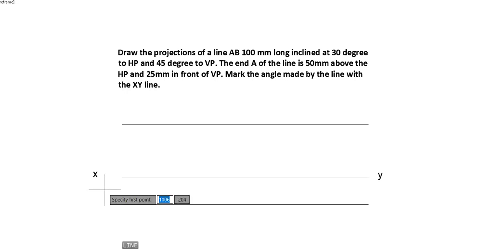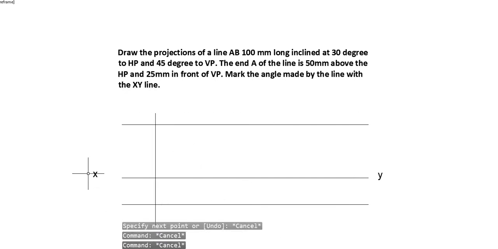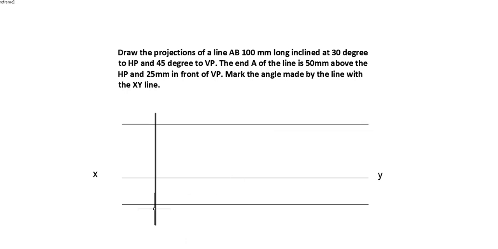Then I choose an arbitrary point here and draw a vertical projector. So as we know, A is somewhere around here and somewhere around here. Sorry, the front view will be here and the top view will be somewhere on this line. So I've decided arbitrarily that I would place the A here.